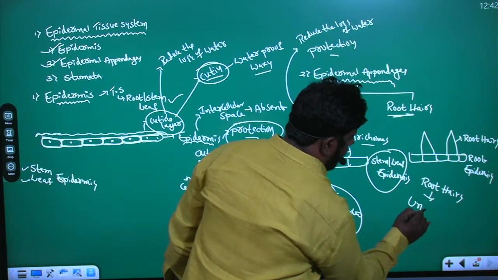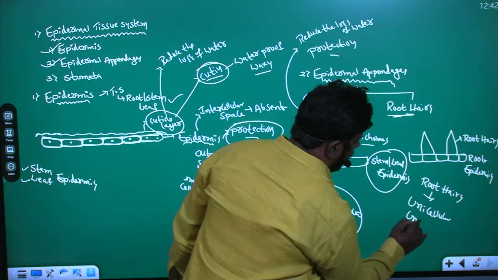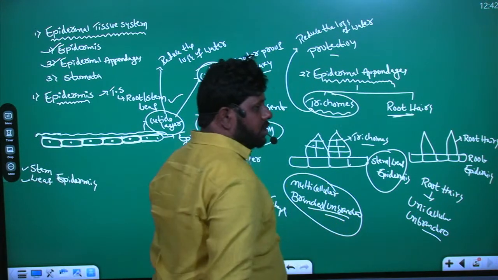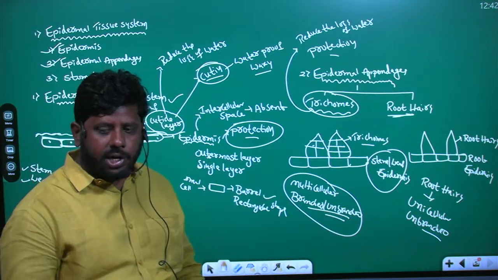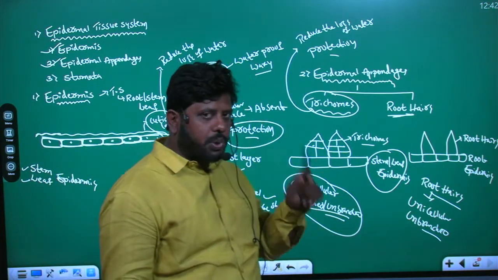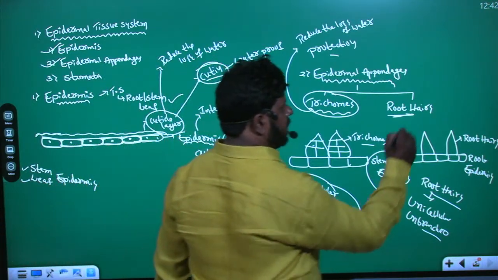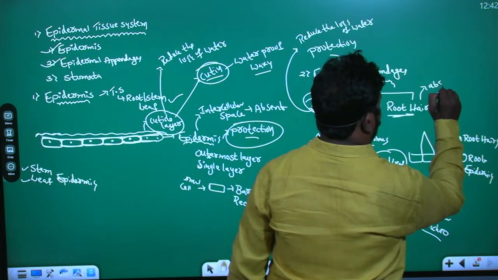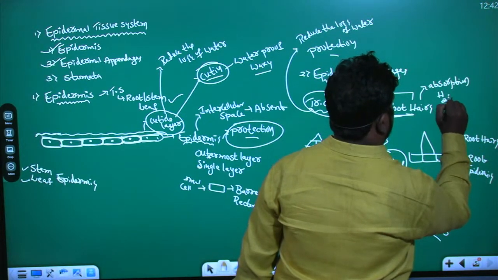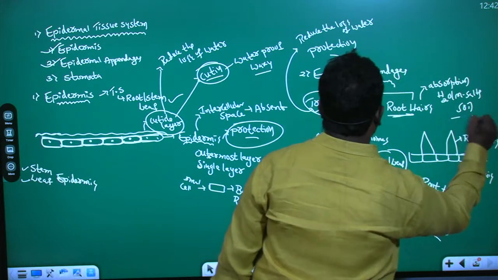Root hairs are always unicellular and always unbranched. What is the function of root hair? Root hair plays an important role in absorption of water and mineral salts from the soil.